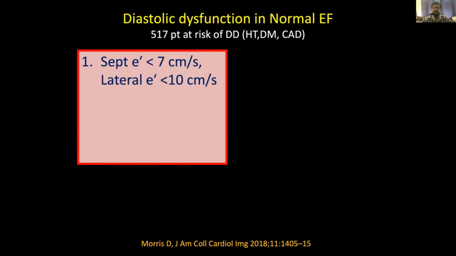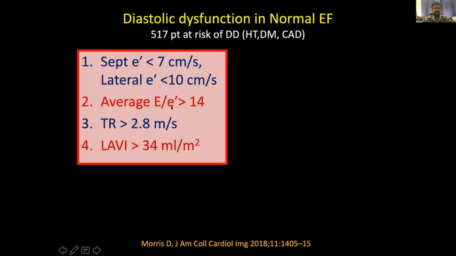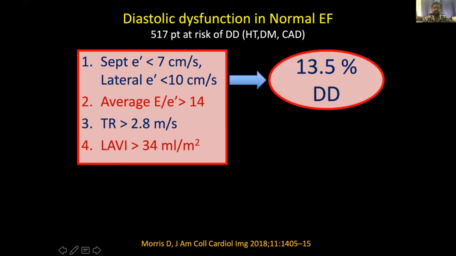And we know that in the guidelines of diastolic dysfunction, we have septal E prime less than 7, E prime on the lateral side less than 10, an average E by E prime of more than 14, a TR velocity of more than 2.8, and a left atrial volume index of more than 34. If all these four were used in this cohort, only 13.5% of patients were identified with diastolic dysfunction.